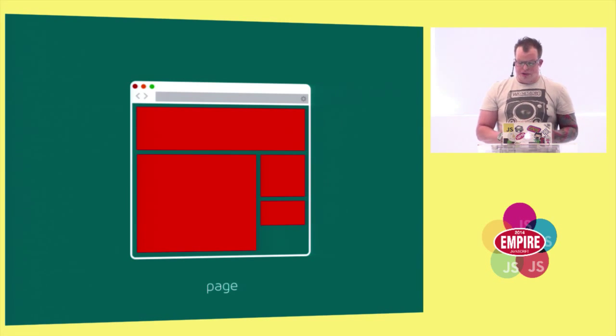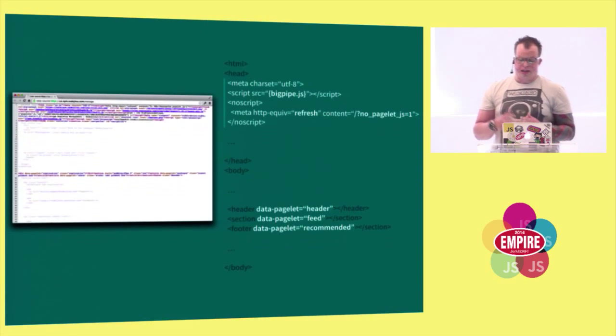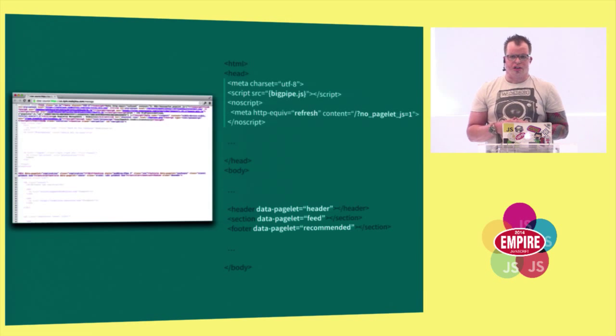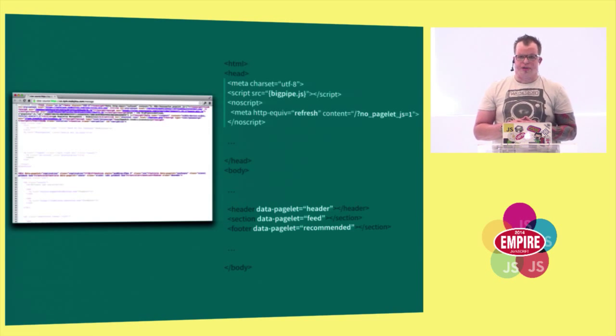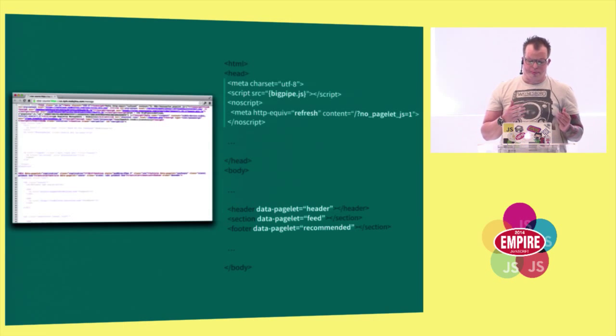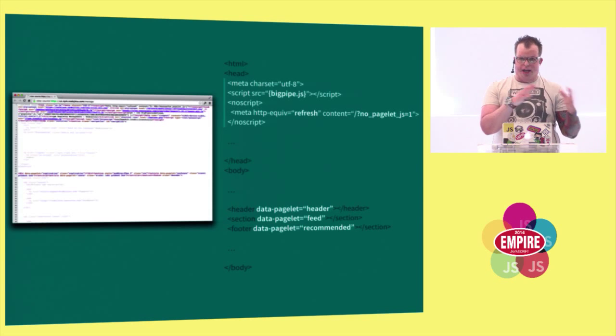When you send a request to the server, the first thing that it does is respond with a really small basic fragment of HTML, which includes the small library. In this case, it's called bigpipe.js. It also includes a no-script tag, so we can redirect users that don't have any JavaScript enabled to an alternate version of the site, because all this async loading of these little components of your site could cause the layout to get all glitchy.